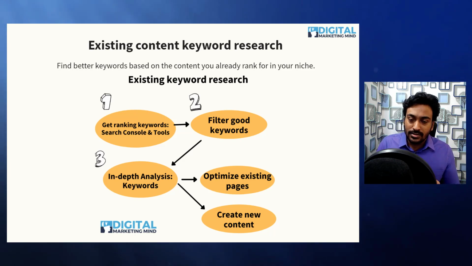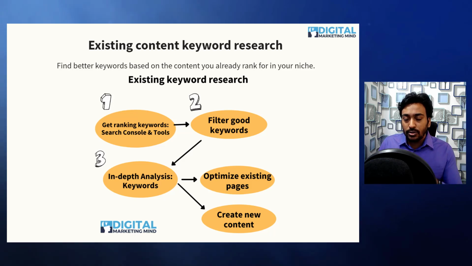The steps include: first, get the ranking keywords from Search Console or from an SEO tool, filter good keywords, and do a bit of in-depth analysis. I'm not doing it in bulk because it's going to give me much more focused keywords in this particular process.